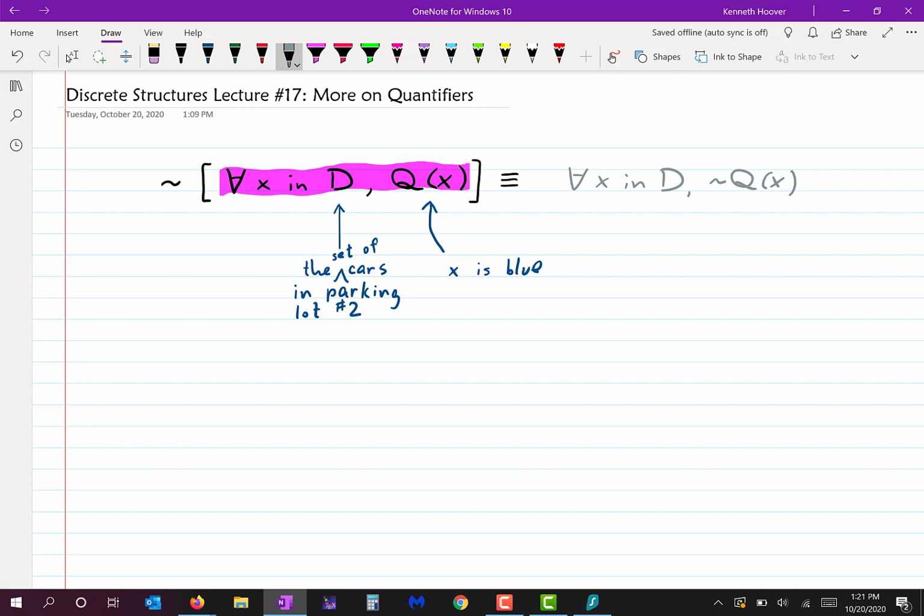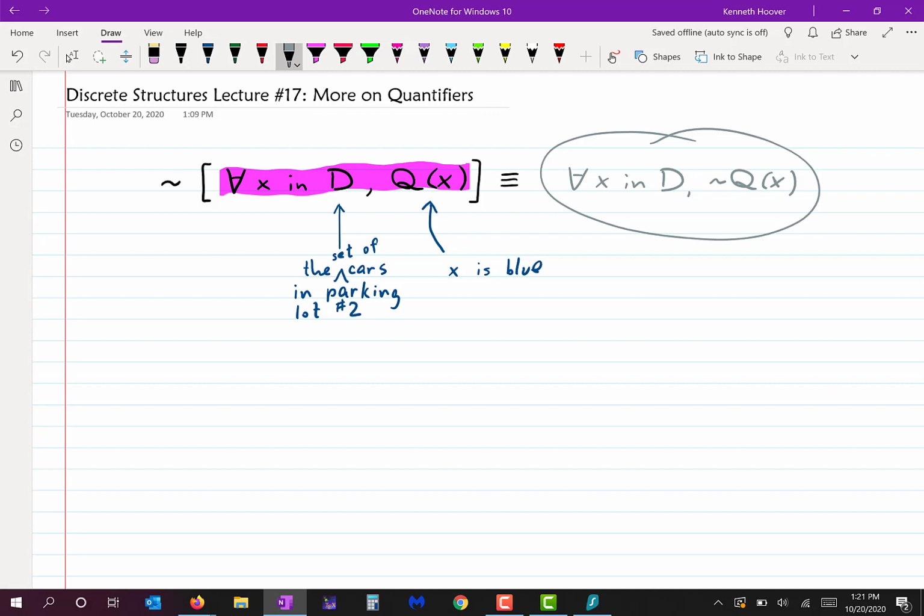That says for every car parked in lot 2, not Q. So in other words, this says every car in lot 2 is a color other than blue. Or another way of saying that is no car in lot 2 is blue.